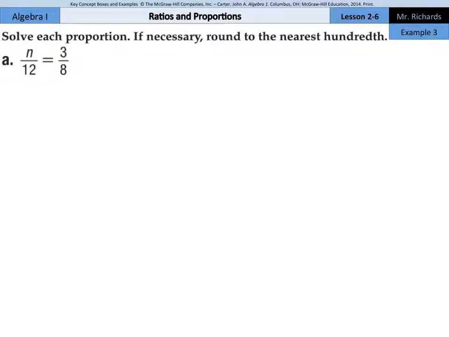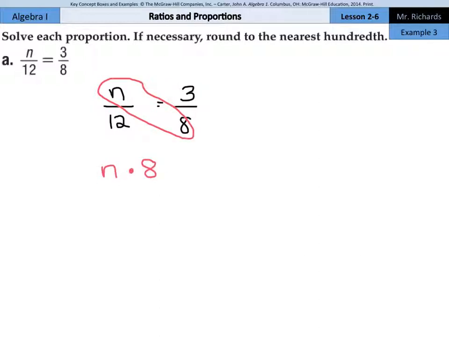Now we're going to use cross products in order to solve proportions. So we'll rewrite this out. N over 12 equals 3 over 8. And so we'll use the cross products now. And we'll write N times 8 needs to equal 12 times 3.